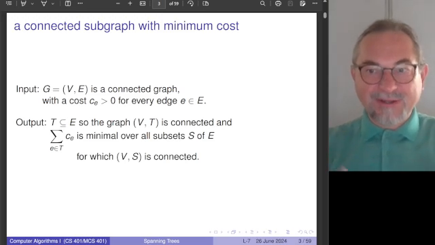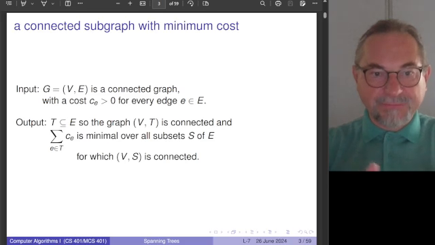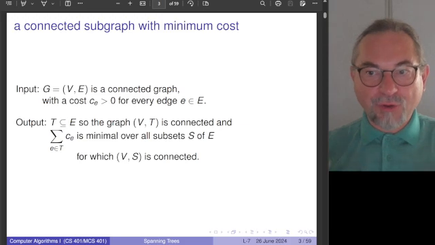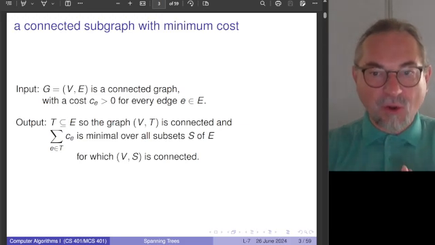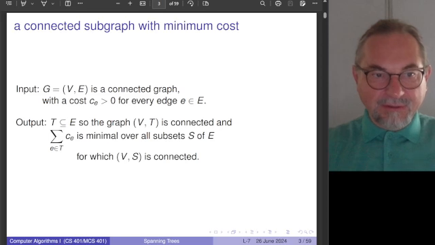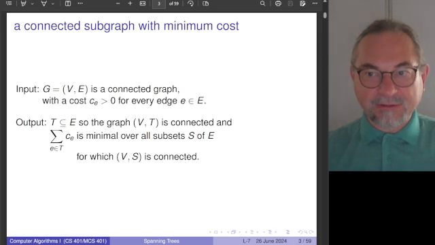So I hope the definition is clear. But the brute force solution would require you to consider all possible subsets for which the set of vertices is still connected. So you still have a connected subgraph of the given graph.